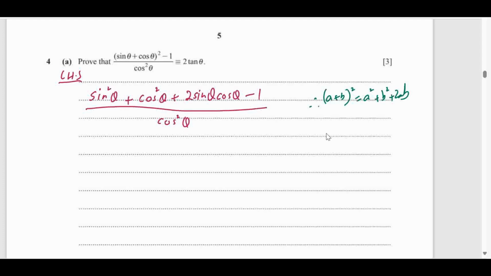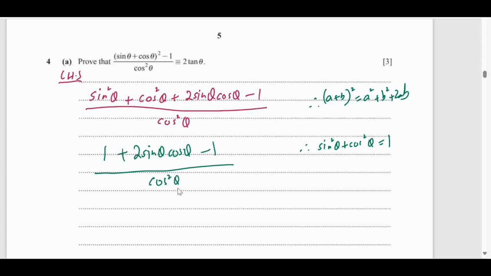Now further we know that at this step sine square theta plus cos square theta is equal to 1. So we can cancel out these two. We can replace sine square theta plus cos square theta with 1, so we have 1 plus 2 sine theta cos theta minus 1, whole divided by cos square theta.